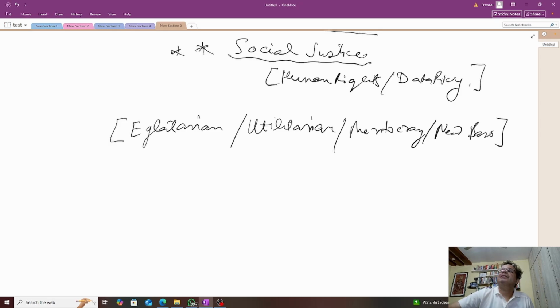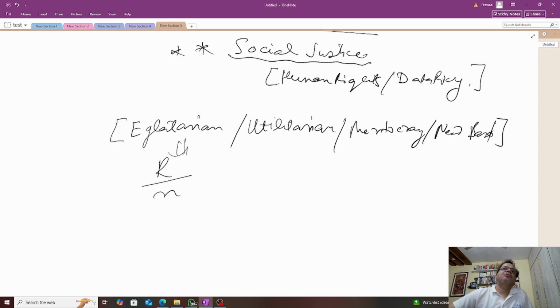So what it says is that there are a lot of times when you have a fixed set of resources and you have to distribute them across a large population. In case of an egalitarian approach, you distribute resources equally among everybody.